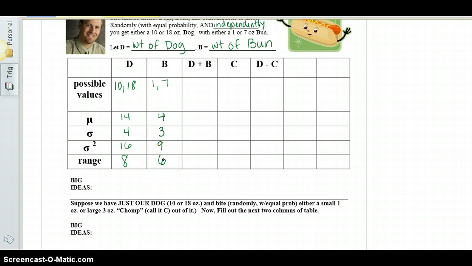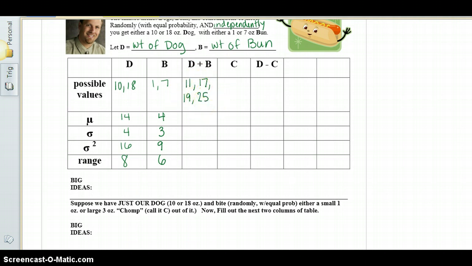Now we're going to look at what's called the linear combination. You take the possible values for the hot dog and add them to the possible values for the bun, and then you write down all of the possibilities. So 10 plus 1 would be 11, 10 plus 7 is 17, 18 plus 1 is 19, and 18 plus 7 is 25.